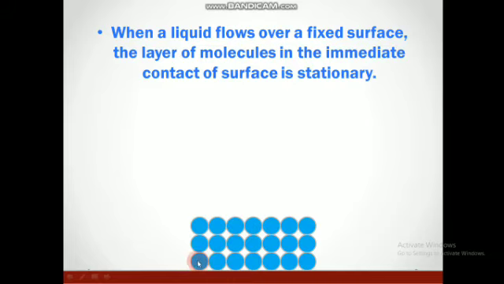So the layers which are in immediate contact with the stationary object will be stationary. As this is a fixed surface, there will be high friction, or a high interaction, between the stationary object and the layer which is touching it. So there is an interaction between these two, and so this layer is stationary or not moving at all.